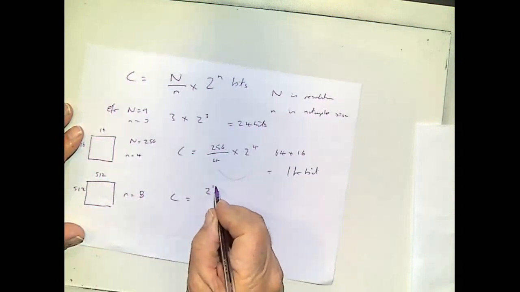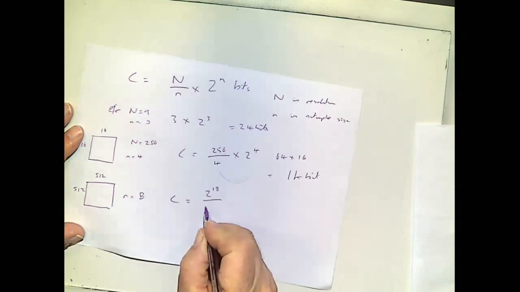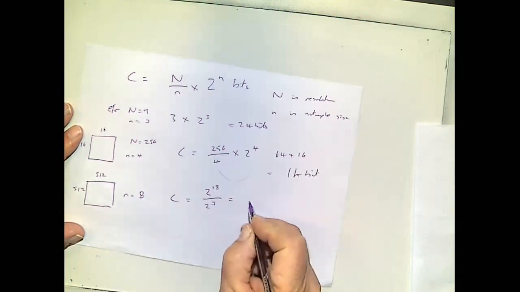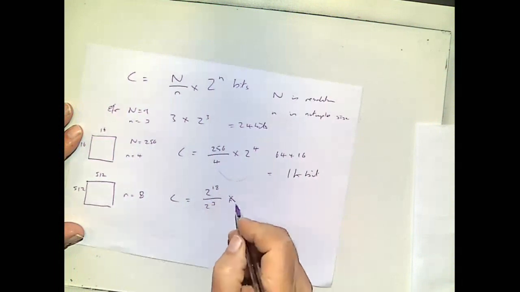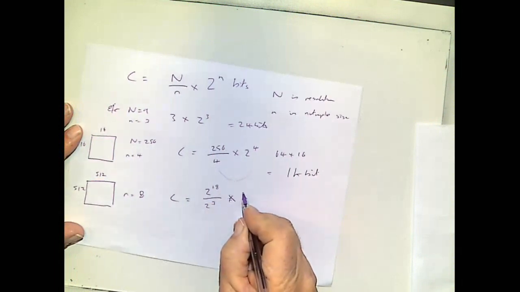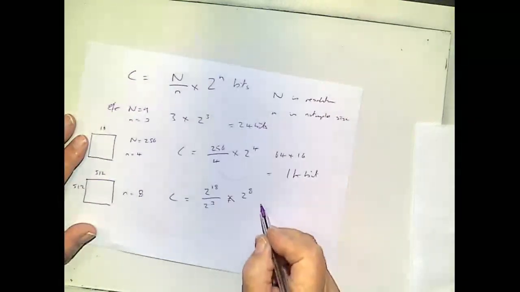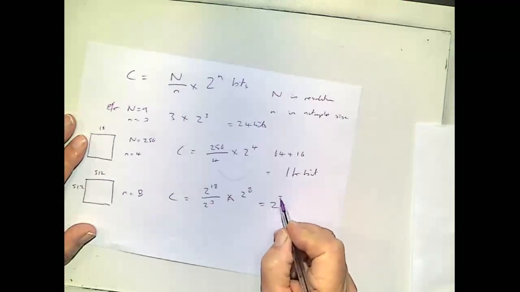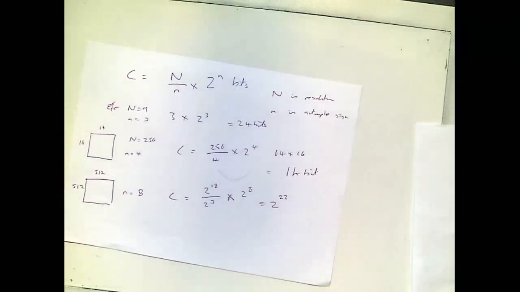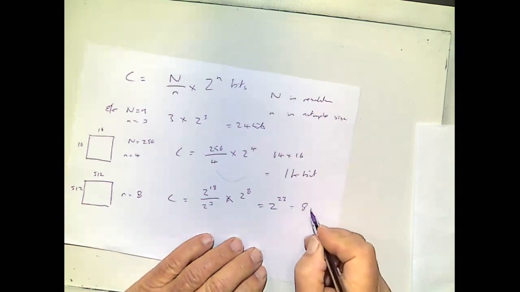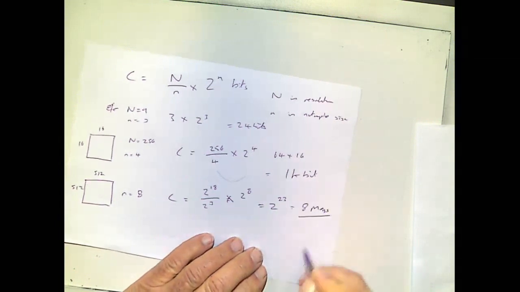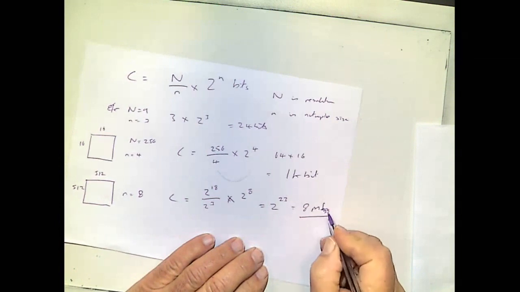That's going to be 2 to the 18 divided by 2 to the 3, times the cost per memory, which is going to be 2 to the 8. If I sort that out, 2 to the 18, 2 to the 26, 2 to the 23. And 2 to the 23 is, well, 2 to the 20 is 1 meg, so it's going to be 8 megs, or MB.